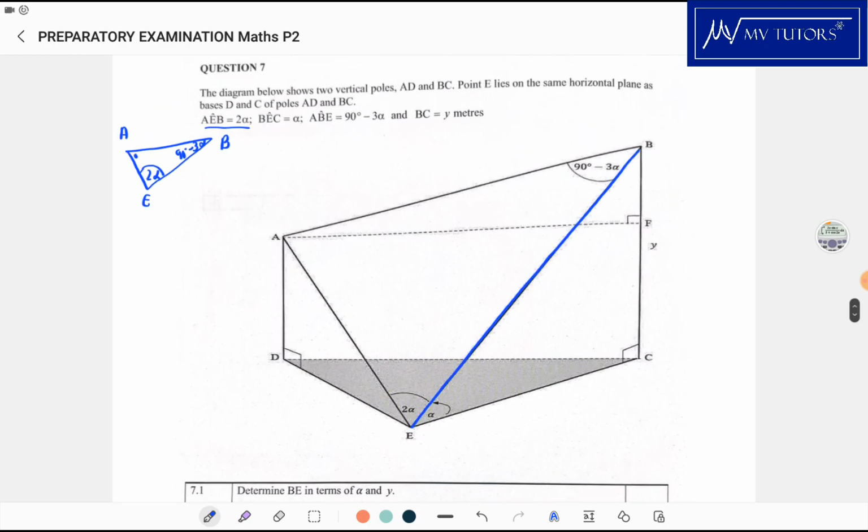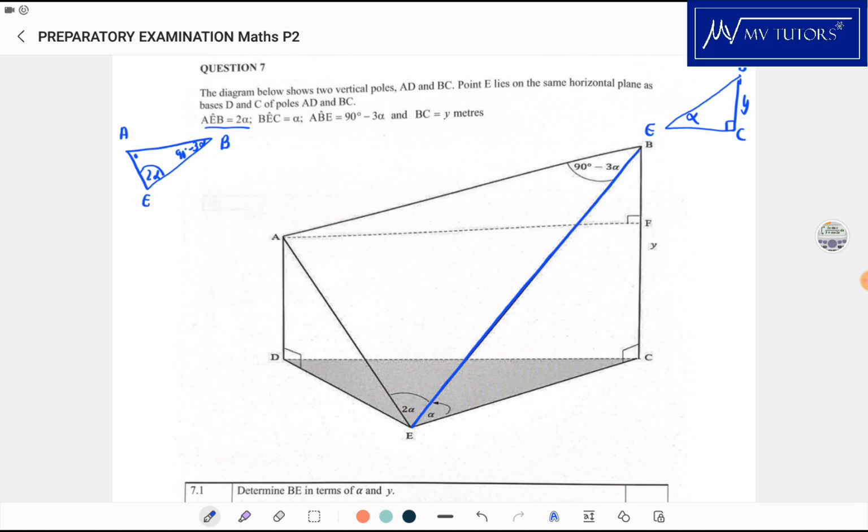If we look at BEC, we have a right angle triangle. So that is B, that's C, and then we have E. And we know that BEC is alpha.